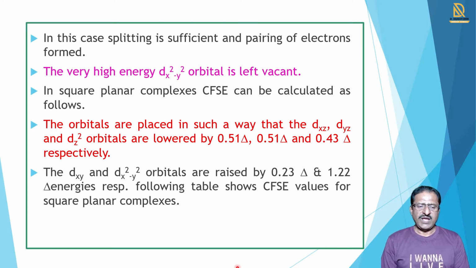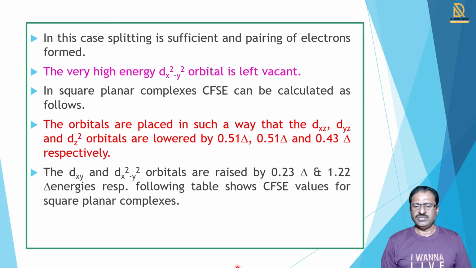Then the dxy and dx square minus y square orbitals are of higher energy. The dxy orbital has 0.23 delta energy higher than the average, and dx square minus y square has 1.22 delta energy higher than the average energy.